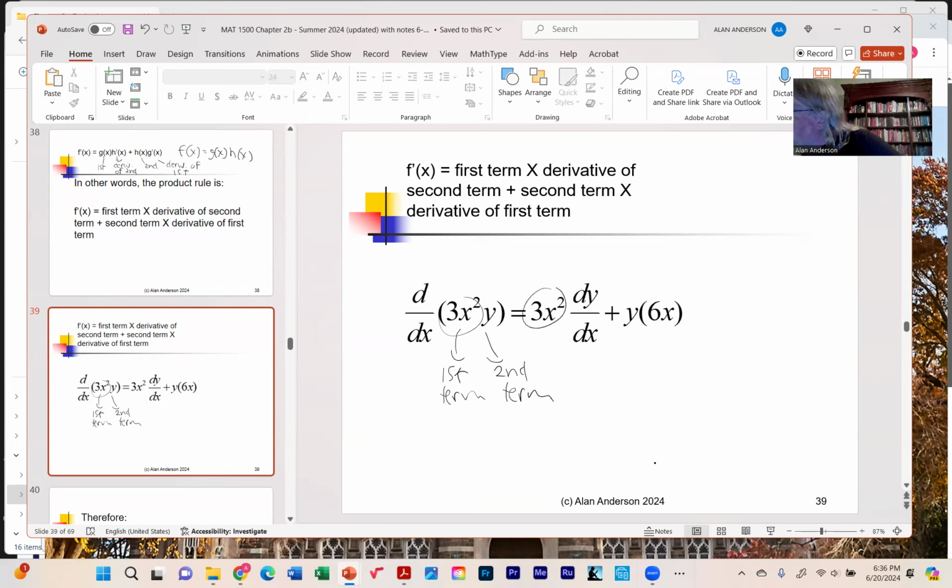So we'll have the first term. Now, the second term, the derivative of y with respect to x is just dy/dx. Okay, we got lucky there. If it was y squared or something like that, then it would have gotten even messier. But since it's just plain old y, the derivative of y with respect to x is very simply dy/dx.